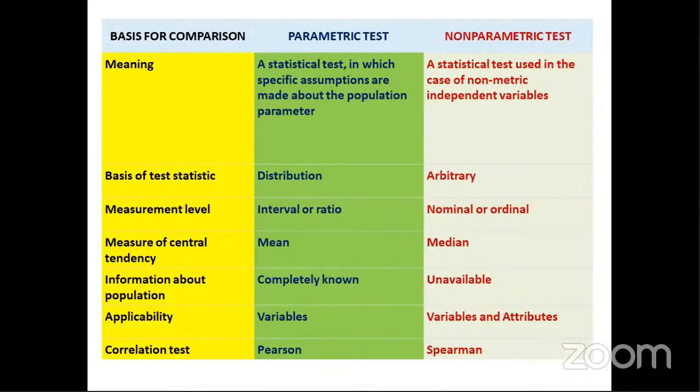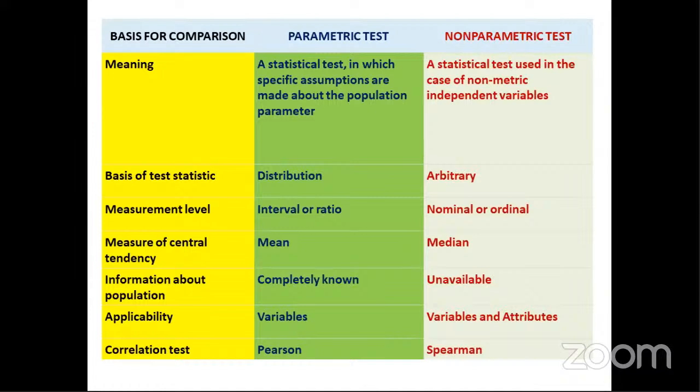Now, let us see first, when you talk about parametric and non-parametric, when can we say that our study needs to be applied with a parametric test, or when can we use the non-parametric test? Now, I made a table here, a cross tabulation of the differences on the parametric and non-parametric, so you will already be having a basis.